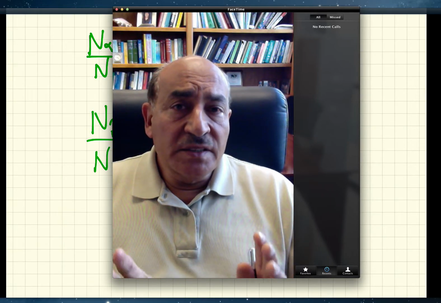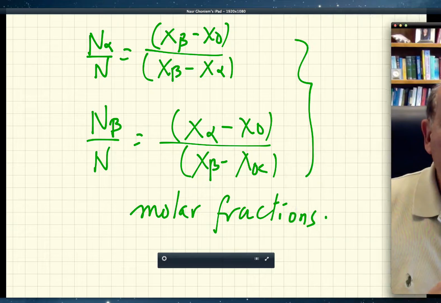So I would like to spend a few minutes to show you how we would convert from weight fractions to molar fractions, so we can do the changes from the actual phase diagram to the corresponding concentrations for a given temperature. So let's do that here.